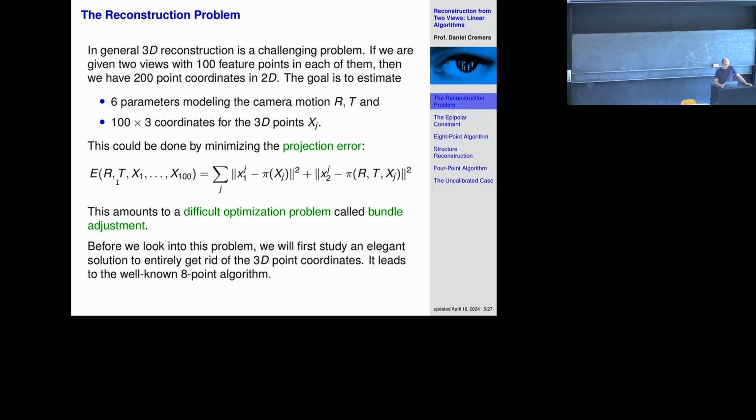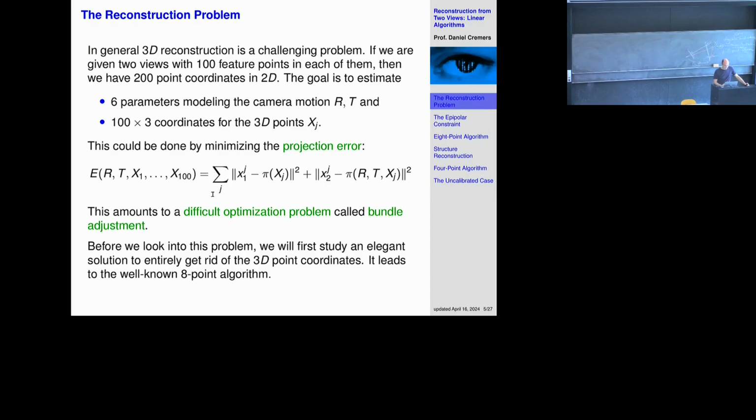One thing you can do, and this is often how this is tackled, is you could solve this by minimizing what's called the projection error. So you take 3D points. Large xj is the 3D coordinate of point j, and j goes from 1 to 100.